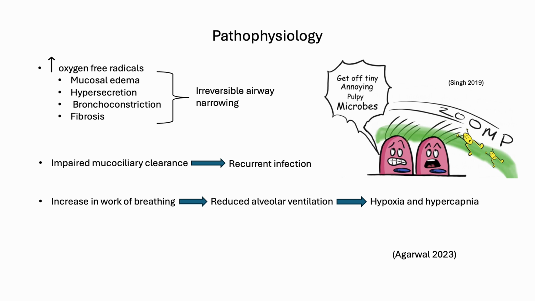COPD patients also have impaired mucociliary function, which makes them prone to infection, and repeated infection increases inflammation, which contributes to the disease progression. Together, the two main mechanisms cause an increased work of breathing, which causes decreased ventilation, which leads to our hypoxia and hypercapnia.